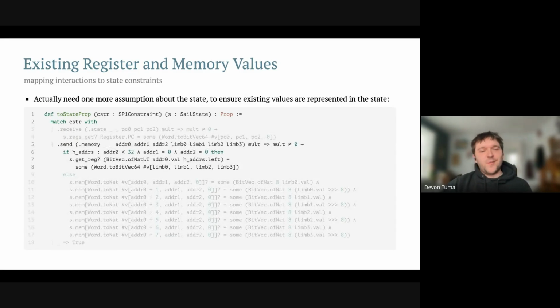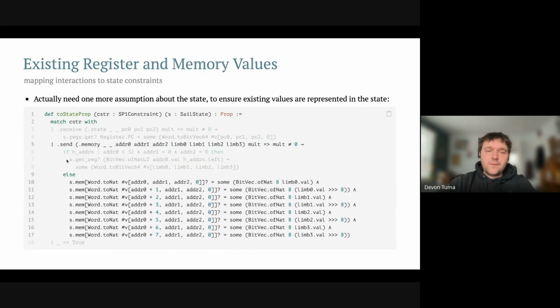And then we need similar assumptions about if you have something written to memory. In this case, if the address is low, so the address is less than 32, then we're saying the thing is a register, and the thing that's in that register should be the limbs.